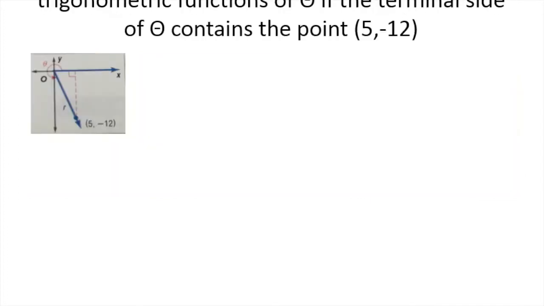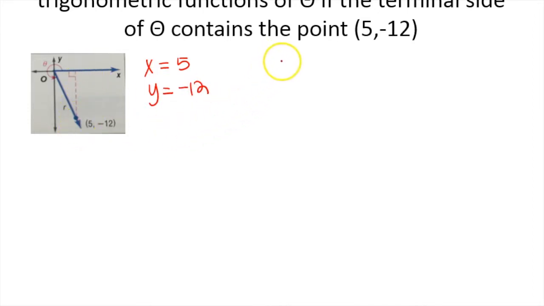So looking at this first example here, we want to find the exact values of those trig functions that we just looked at: sine, cosine, tangent, cosecant, secant, and cotangent. Looking at the values given to us here, we know that our x distance is equal to 5, and y is equal to negative 12 to get us to this point.